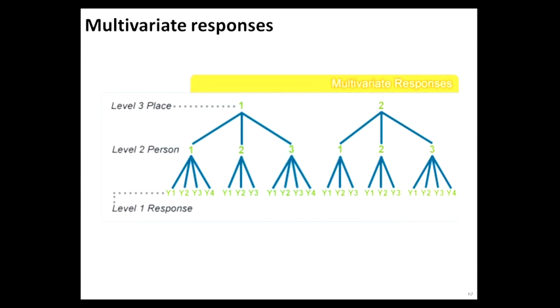If you anticipate that the different outcomes are correlated, not in any directional way, it's not that one causes the other, but they co-occur, they are correlated, and you can model that. You can cast that problem quite flexibly as a multi-level problem and gain a lot of advantages.